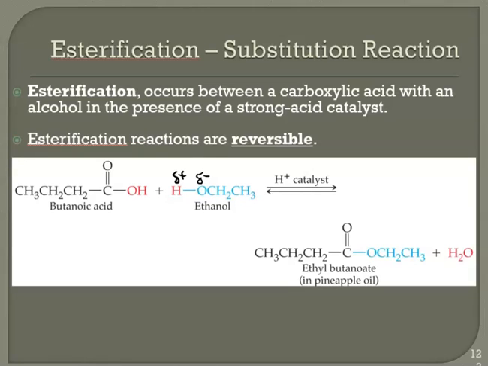The negative is going to be attracted to this partial positive. And so those electrons are going to flow towards here, and these electrons are going to flow towards that hydrogen to form this water over here. And then we're left with an ester, ethyl butanoate.